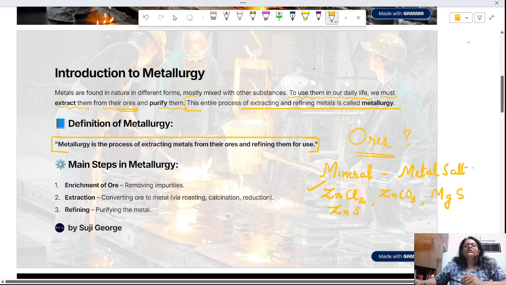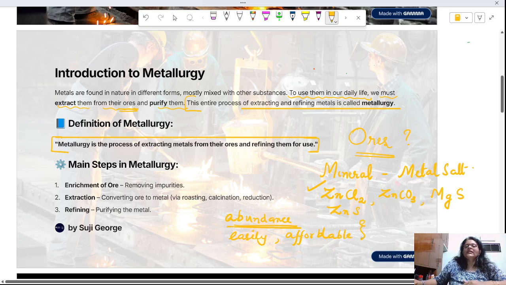So whichever mineral is present in abundance is checked, and then it should be easily available for us. Finding it and digging, if it is mining, should be easy and affordable.